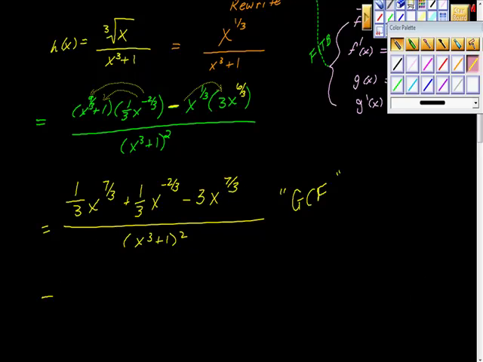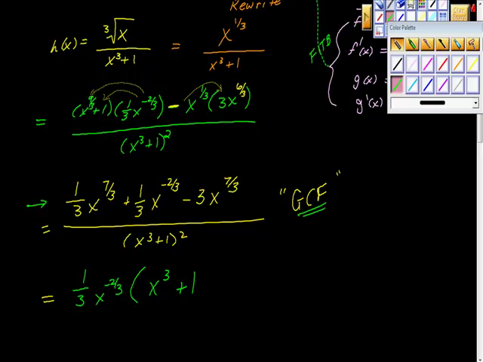I find that the greatest common factor of this is 1/3 x to the negative 2/3 power. I'm just going to rebuild everything. So it's x cubed, right? X cubed would be 9 thirds. 9 thirds times this would give me my 7 thirds back if you're looking for my work, right?